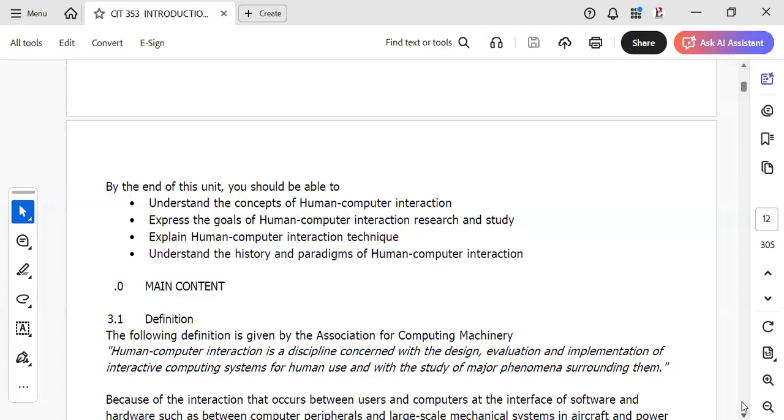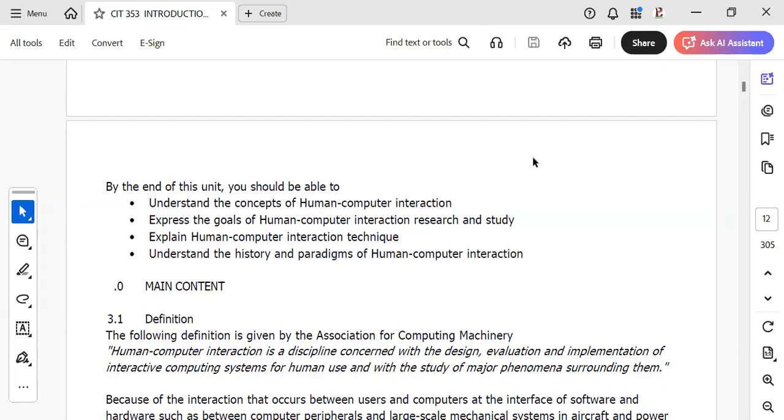Why is it a topic worth researching on, worth studying? We'll check that. Then we should be able to explain human-computer interaction techniques, which means there are some techniques involved in human-computer interaction. And lastly, we should be able to understand the history and the paradigms of human-computer interaction.